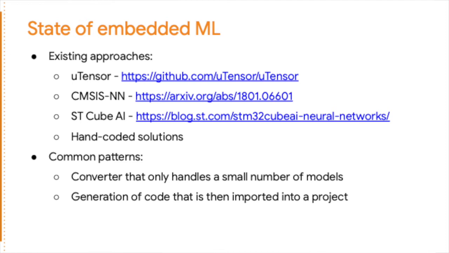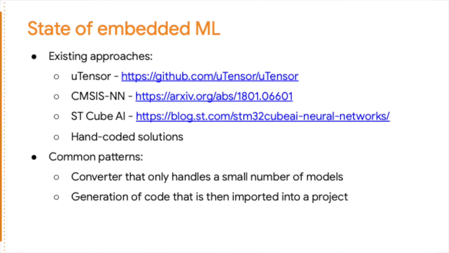So the common pattern that we've seen across all of these is that the converter is really hard. I've written my own kind of inference frameworks, and it's always having to deal with the conversion process from training to the inference representation that you want. That takes the most time.